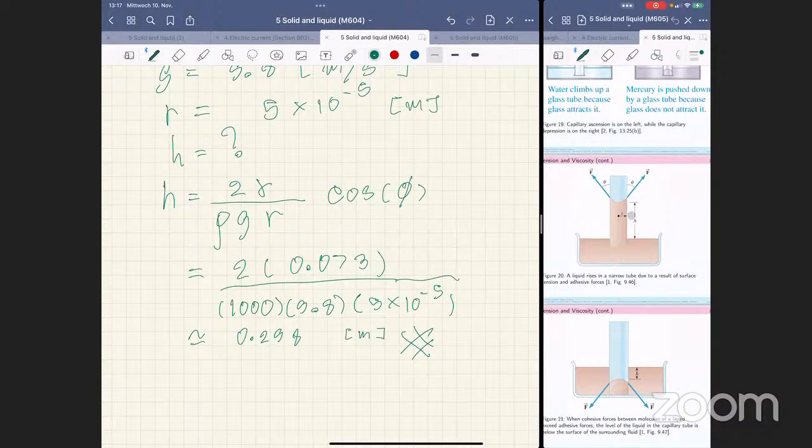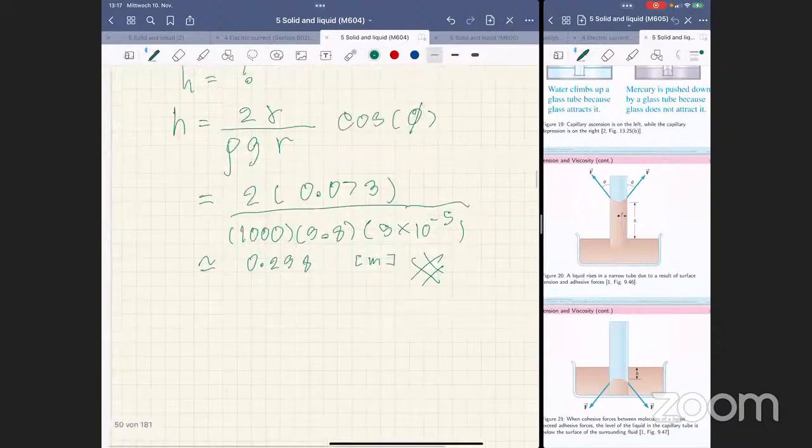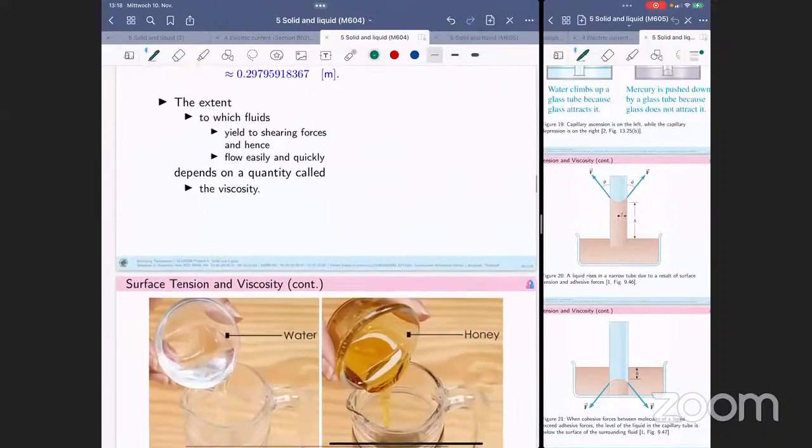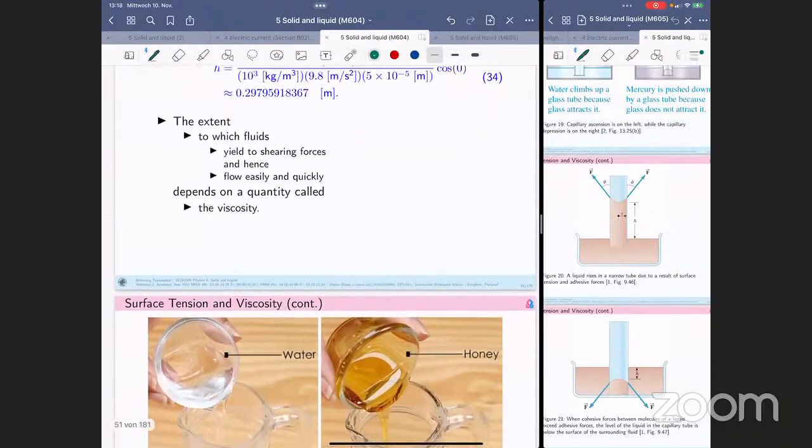We would go ahead with the next topic. Now we are going to move to viscosity. As the title said, surface tension and viscosity, now we reach the second term, viscosity.